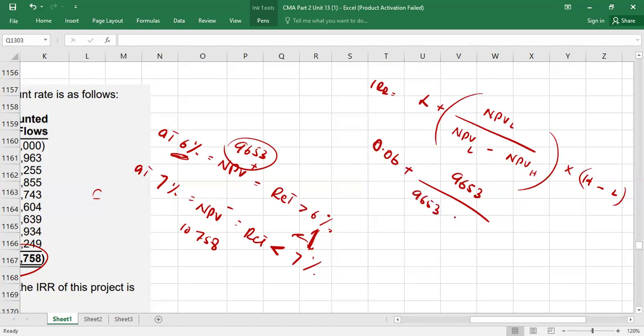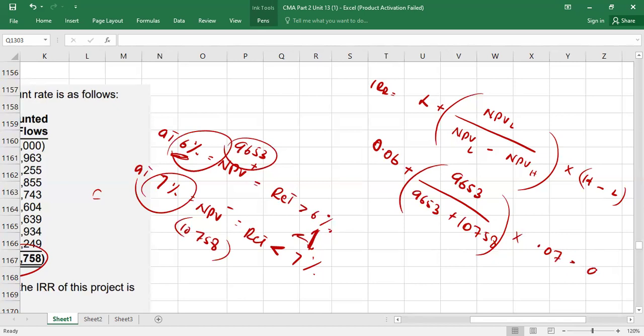And now here we have a minus in the formula, and the second NPV is also negative, so minus of a negative NPV will become positive. So it will become 10,758. Then multiply by the higher cost of capital, 7%, 0.07, minus the lower cost of capital, 6%, 0.06. Now if you solve it, you will get IRR.